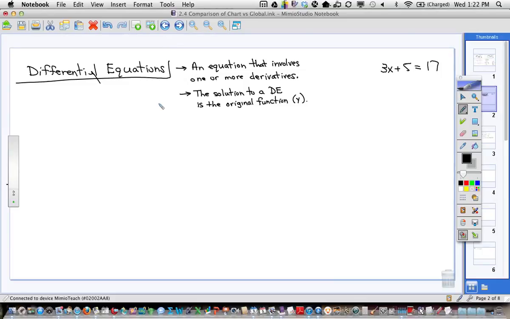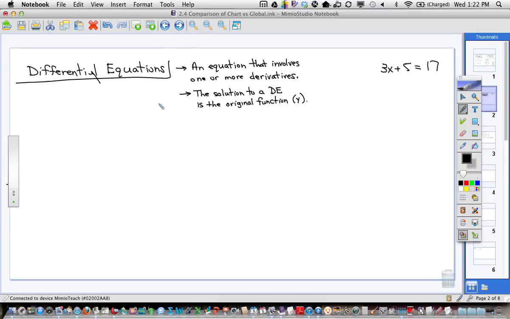Differential equation, so we got to kind of get out of that mindset. The solution to a differential equation is the original function y. So it's like y equals with x's or t's in it, but without any derivatives in it. If it's got derivatives in it, it's a differential equation. The solution to that is the original function y that makes that differential equation true.